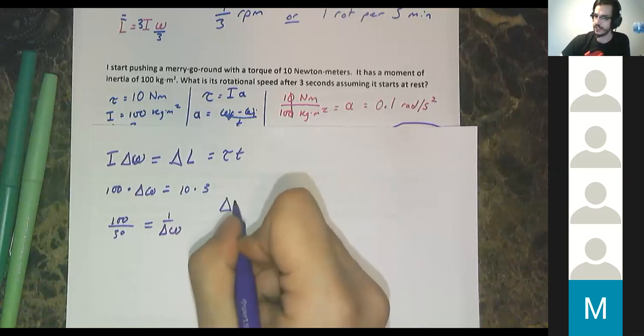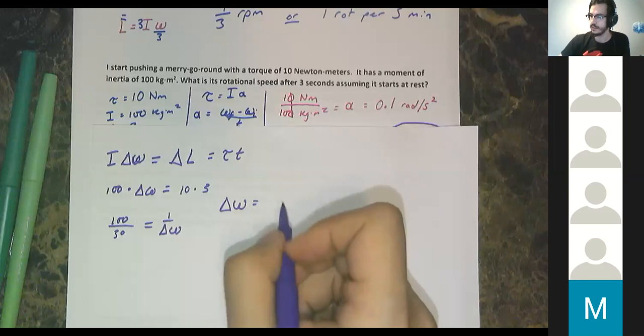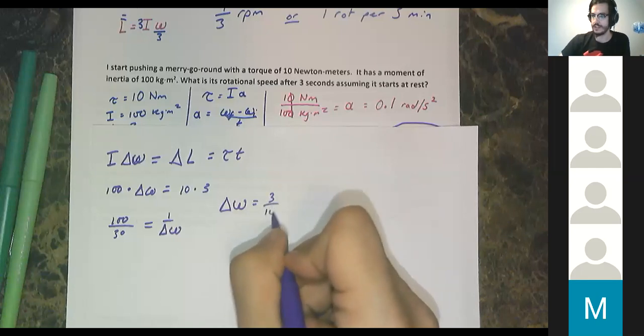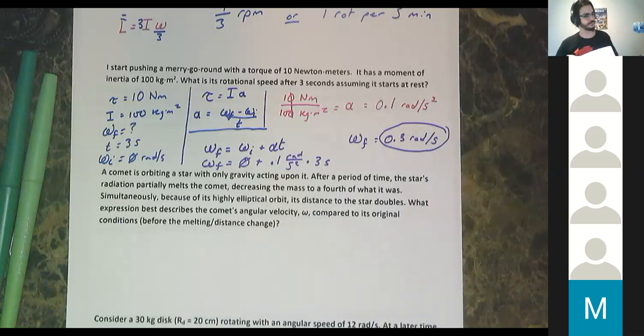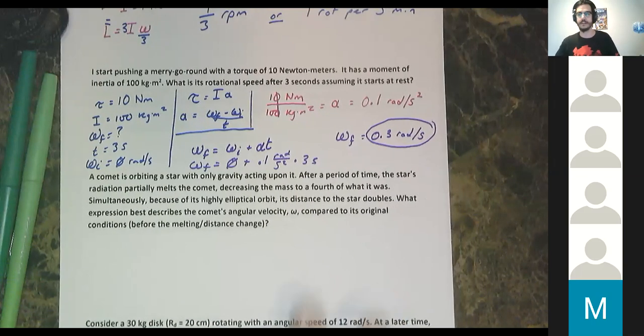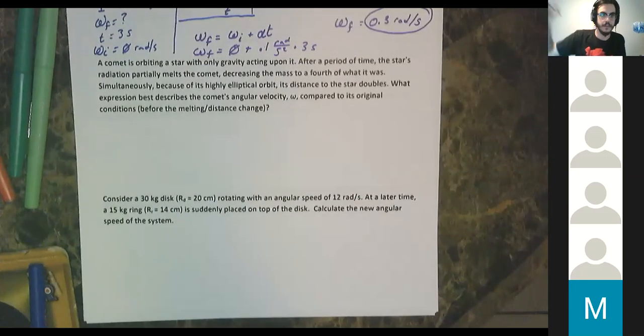Flip both. Our change in velocity is 3/10. Yeah, it works. It checks out. And it's 3/10 is the change from 0. That was slick. I like that.